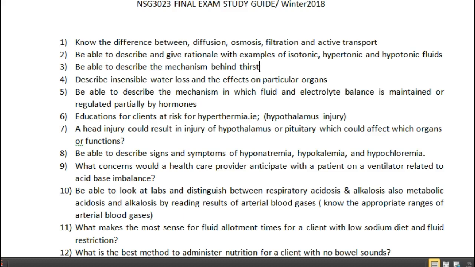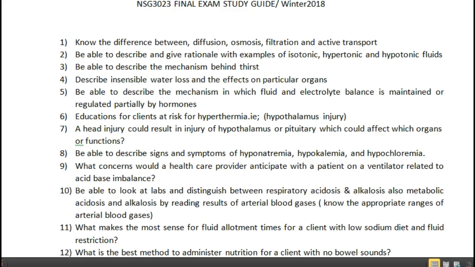The thirst control mechanism is in the hypothalamus of the brain, the center that controls everything. So osmoreceptors in that part of the brain, if the osmolality increases, then the hypothalamus stimulates thirst.